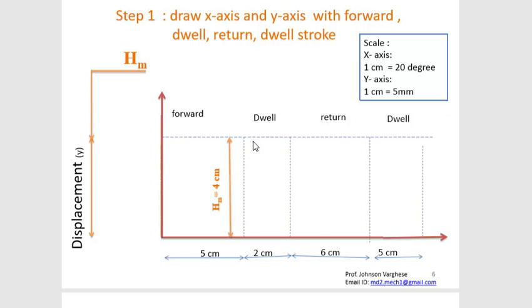The dwell, which is 40 degree, will become 2 centimeters, and the return stroke, which is 120 degree, will become 6 centimeters. Remaining is 100 degree, that will be dwell, so it will become 5 centimeters. So in this manner, I will draw the x and the y and the various compartments of forward, dwell, return and dwell stroke.